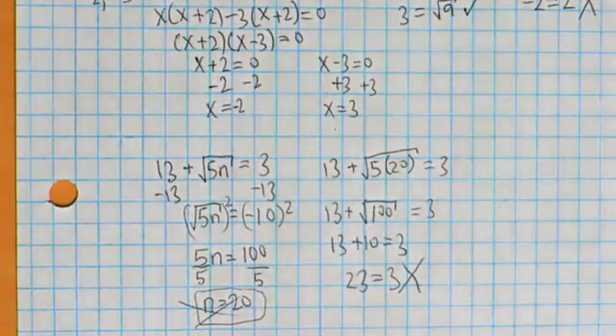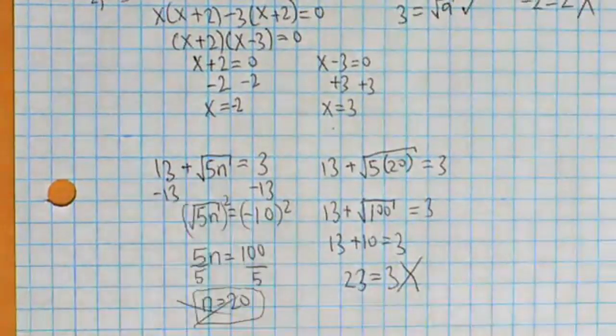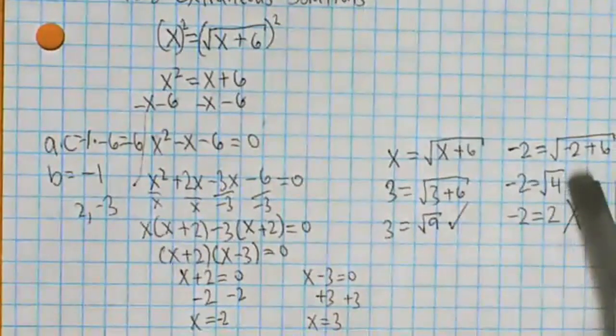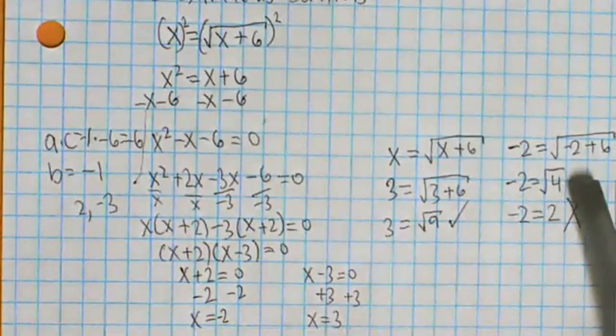But that -10 was actually really critical, because initially what this is asking us is what number n do we multiply 5 by, and then when we take the square root of that, we get -10. Just like the previous problem, when we ended up right here and we had -2 equals the square root of 4, that is not something you can get out of the square root. You only get positive numbers out of the square root. So trying to get a negative is a fool's errand.